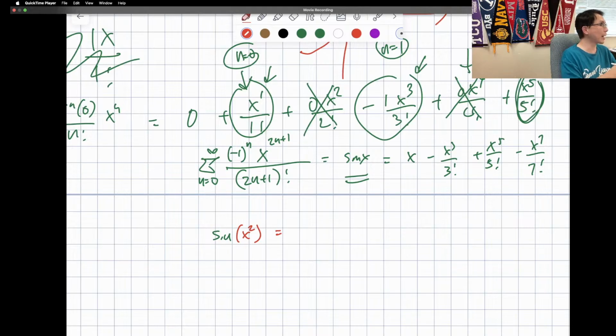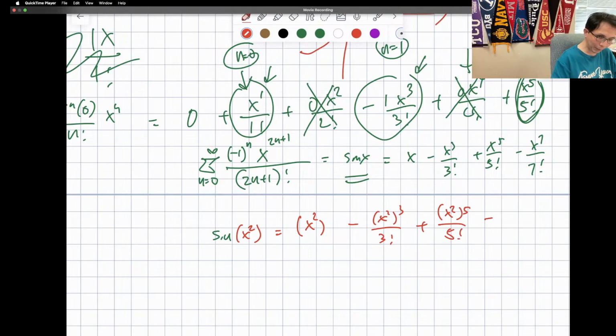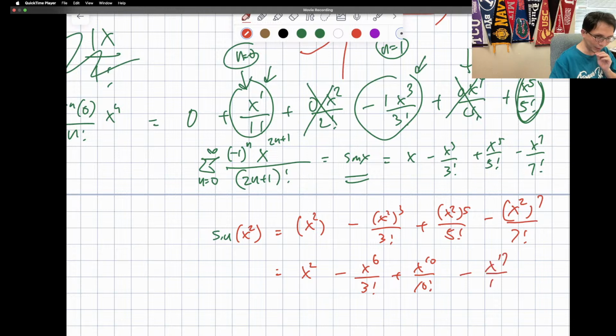So I just replace the x with what? Yeah. So it'd be x squared minus x squared to the third over 3 factorial plus x squared to the 5th over 5 factorial minus x squared to the 7 over 7 factorial. So this becomes x squared minus x to the 6 over 3 factorial plus x to the 10 over 5 factorial minus x to the 14 over 7 factorial.